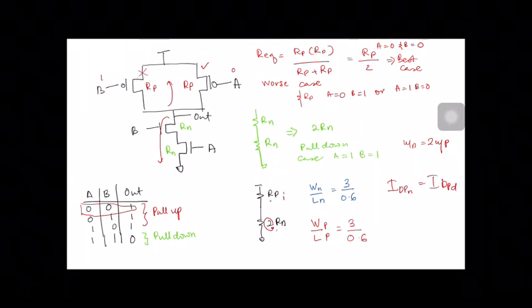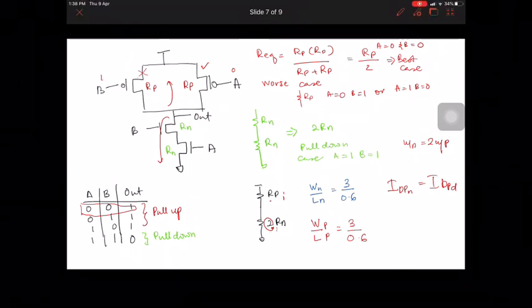Because the resistance of the PMOS is half the resistance of the NMOS, when we were supposed to double, we do not need to double because they compensate each other. So finally, the sizes would be 3 over 0.6, 3 over 0.6, 3 over 0.6, and 3 over 0.6. So all the sizes should be the same.